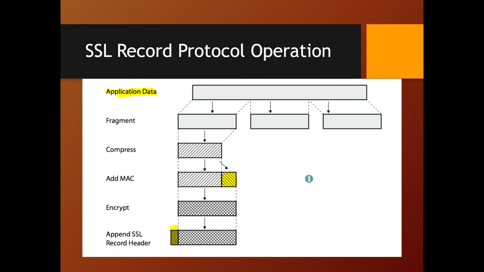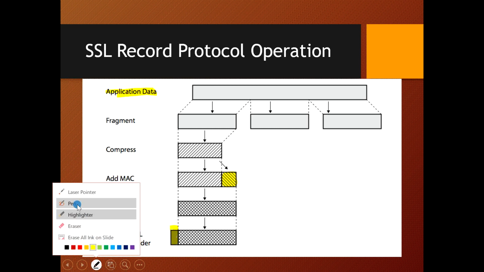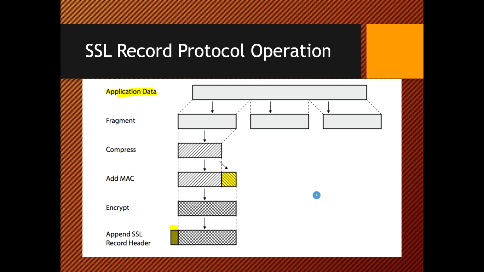Now let us look into each of these in much detail. First, the application data is taken, then it is fragmented. Each upper layer message will be fragmented into 2 to the power 14 bytes.